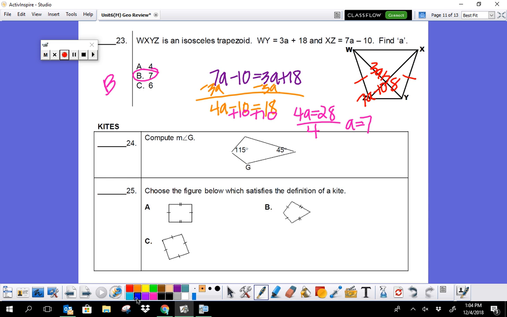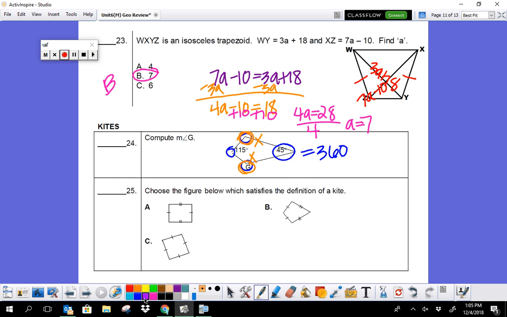Okay, this next section has to do with height. So compute the measure of G. So what you need to understand here is that all of these angles add up to be 360, because this is a quadrilateral. And these two angles in orange are going to be congruent. So if I don't know them, I'm just going to call them x right now.